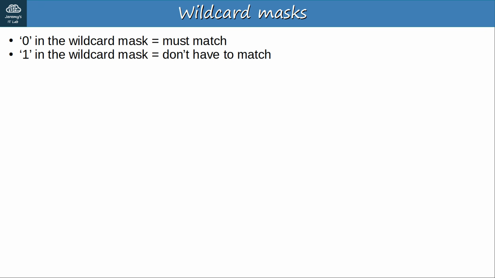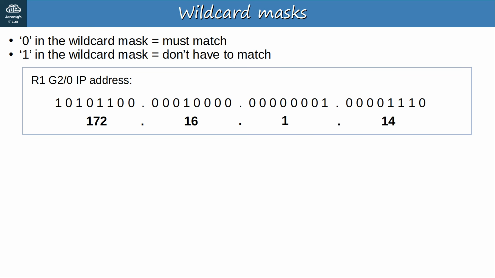To finish up with wildcard masks, I'll explain a little bit more about their function. A 0 in the wildcard mask means the bits must match between the interface's IP address and the EIGRP network command. A 1 in the wildcard mask means the bits don't have to match. So the IP address on R1's G2/0 is 172.16.1.14.